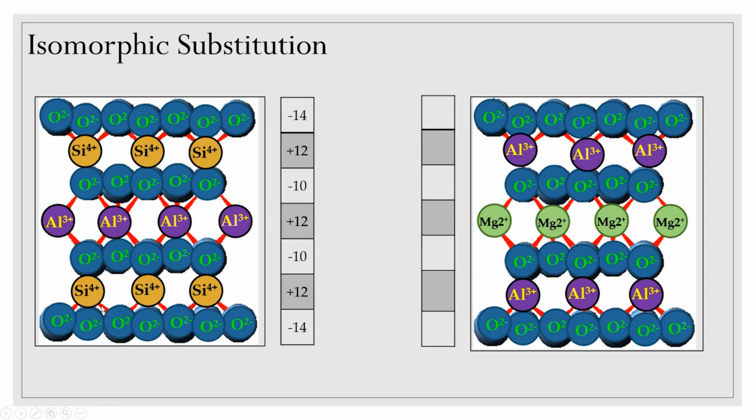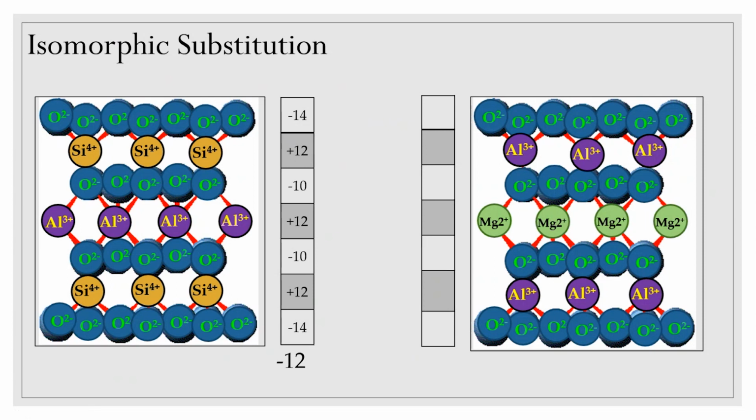Here is our bottom 1-to-1 clay layer, our tetrahedral. We have plus 12. And then on the bottom, 7 oxygens, each with a charge of negative 2. It's negative 14. When we add all these up, the overall net charge is negative 12.